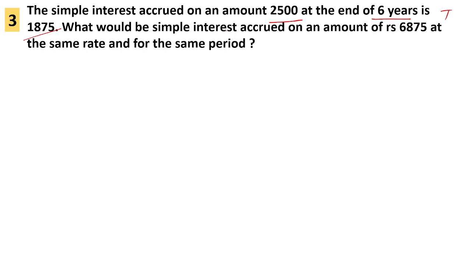What would be the simple interest occurred on the amount 6008? Again there is another P, let's consider P2, at the same rate and same period. So first let's find the data. They are providing P as 2500, time as 6 years, R they have not mentioned, so we have to find the R, and simple interest as 1875.